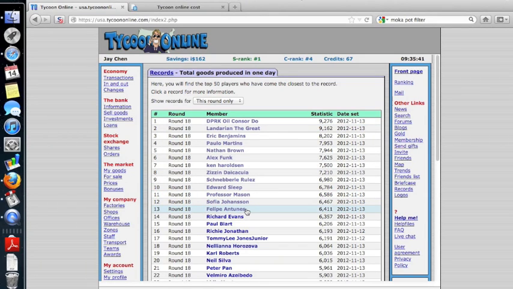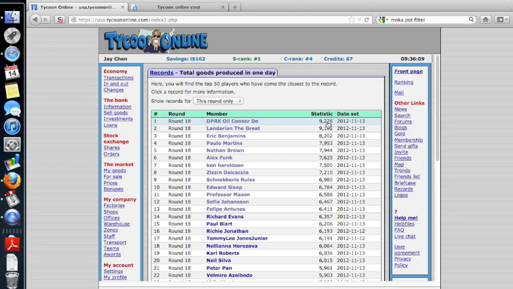This is useful when you have a CV orientated strategy, and in Tycoon Online you get a lot of CV from producing goods. So if you look at this, DPRK Oil Concerto is the top for this round, and he is producing a lot of oil, maybe, but whatever.